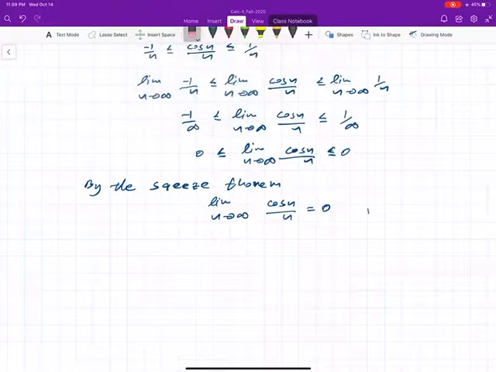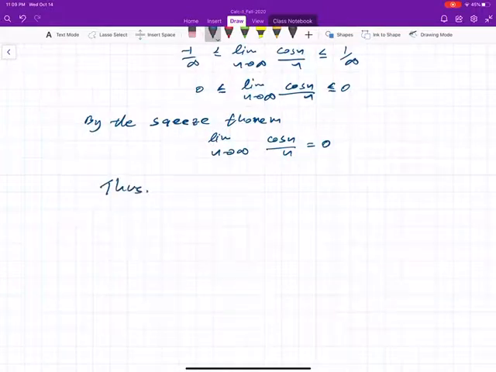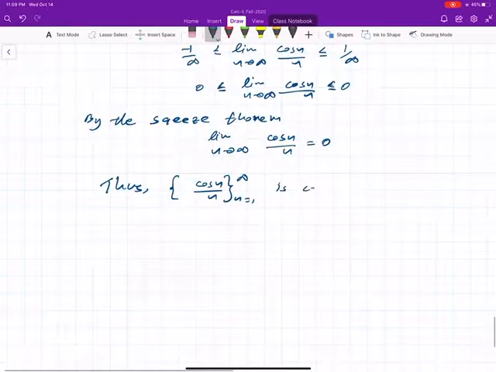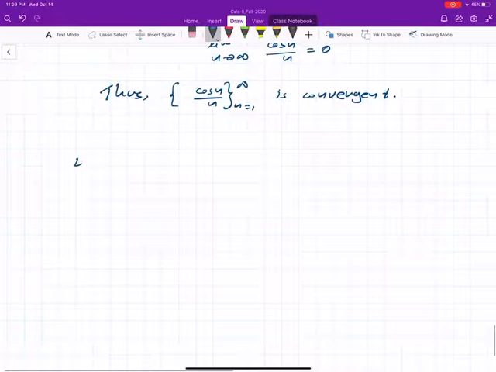The limit is 0. That means the series which I'm writing right here, cos n over n, is convergent. Now let's move to the next example, example number 7.